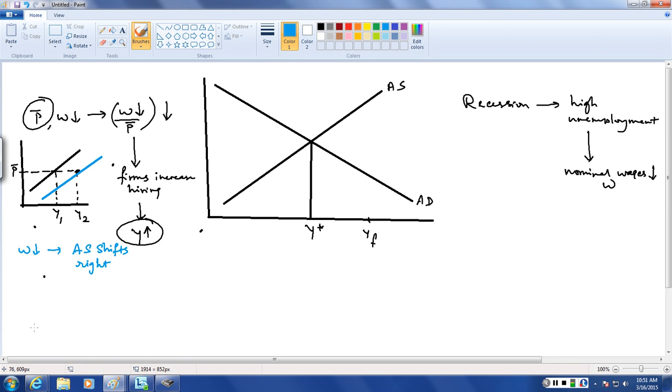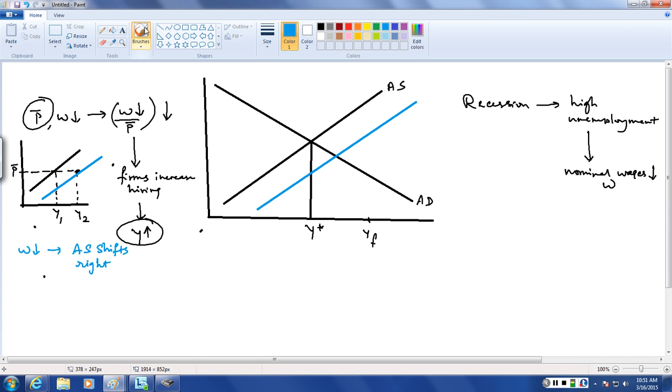So in other words, what's going to happen, according to some economists, when there is a recession, there'll be high unemployment. High unemployment will cause nominal wages to fall. And when the nominal wage falls, what happens to aggregate supply? So we have the aggregate supply curve shifting to the right. What does that do to the new equilibrium real GDP?